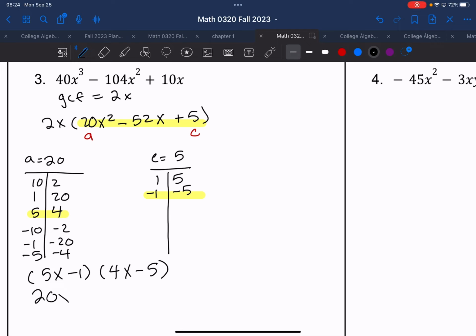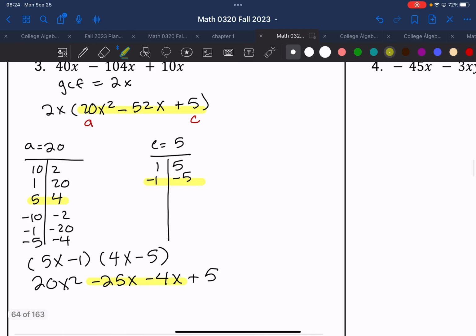So this is 20x squared minus 25x minus 4x plus 5. Okay. Right away, we see these middle terms. Is that middle term going to give us a negative 52x? Yes or no? No. So that tells us that one of our factors is not quite right. Okay, so that this is not going to give us an answer.